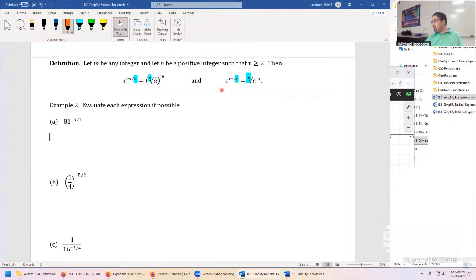And this is the preferred formula if you're dealing with something involving variables. So this one is better for variables. This one is better for numerical problems, like say 81 to the power -3/2.